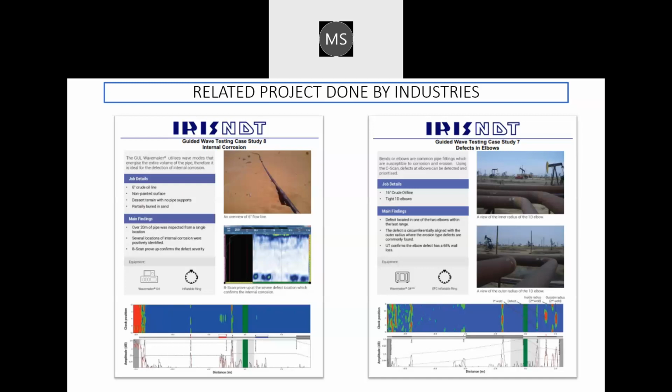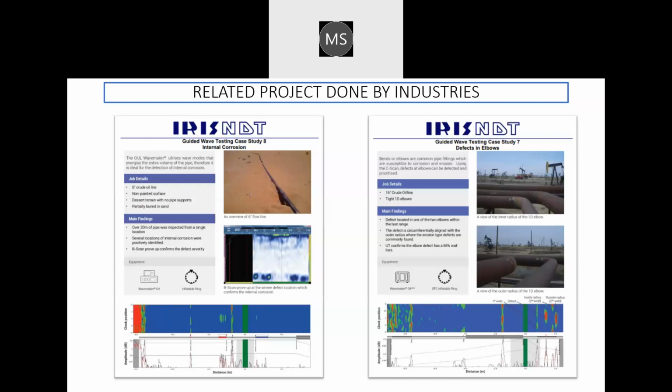The job detail involves a 6 inch crude oil line and non-painted surface on a desert terrain with no pipe supports. So the wave maker utilized wave modes that energize the entire volume of the pipe. Therefore, it is ideal for detection of internal corrosion.